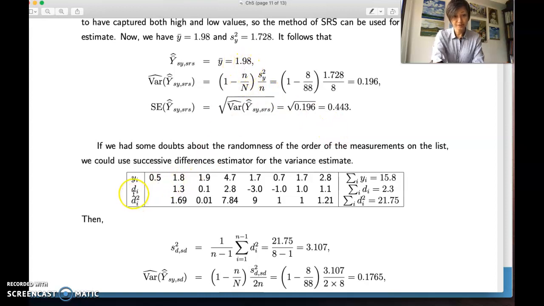Look at the difference, di. We are using successive differences in this case. So look at the difference 1.8 to 0.5, which is 1.3. 1.9 minus 1.8 is 0.1, etcetera.